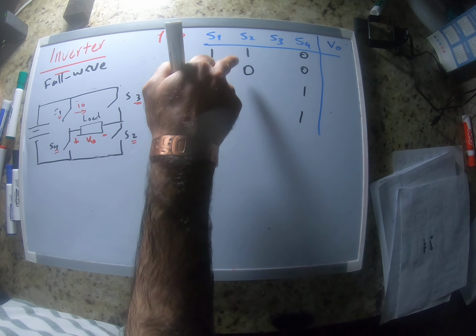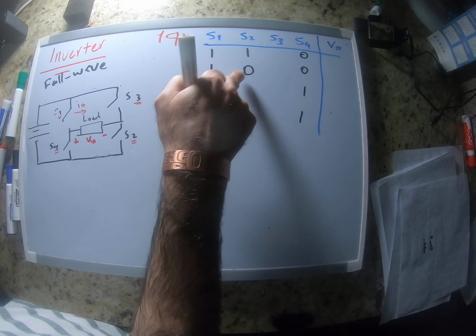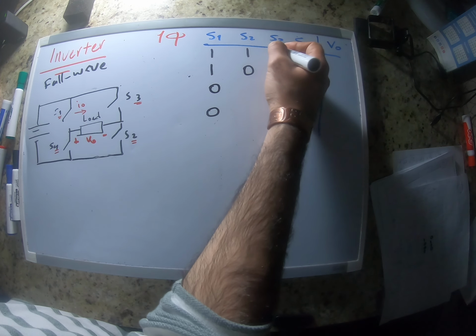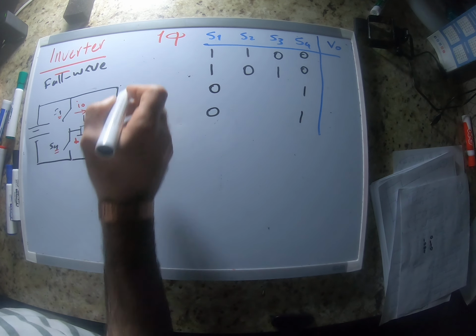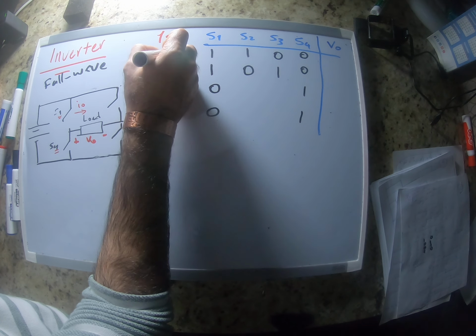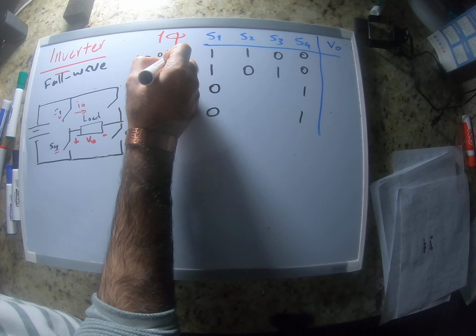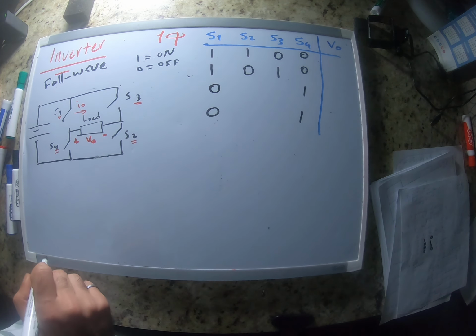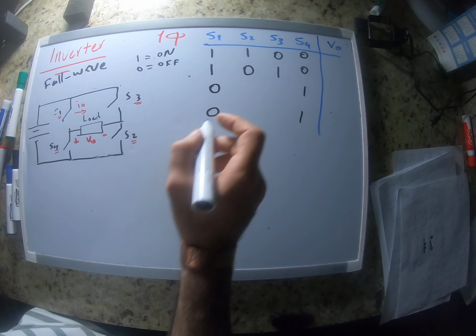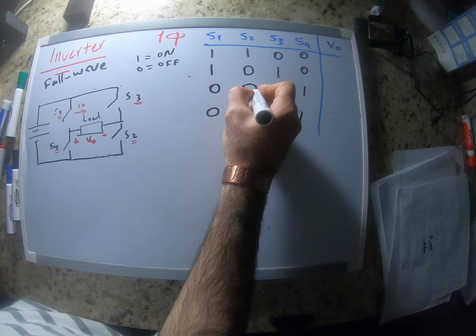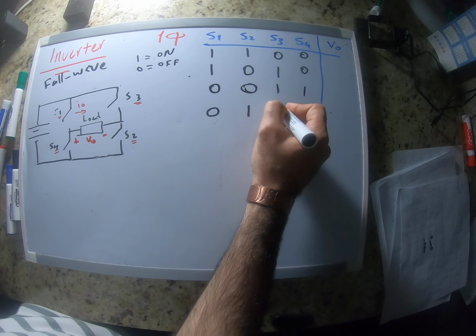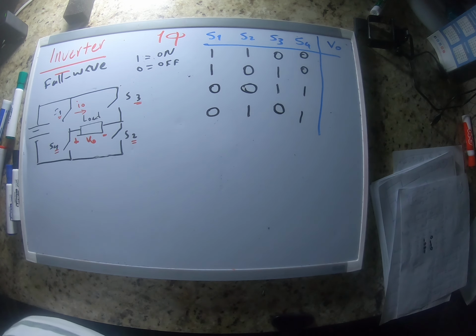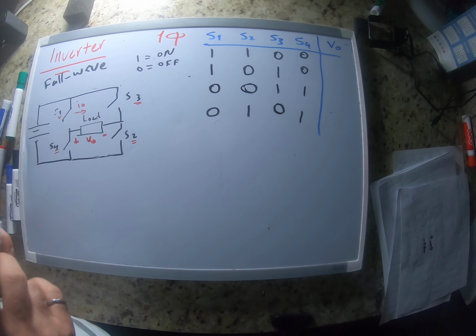So if S2 is 1, S3 has to be off. If S2 is off, S3 has to be on. I'm just showing 1 for on and 0 for off for the switches. When S2 is off, S3 is on. When S2 is on, S3 is off. Okay, so this is the table that we have.